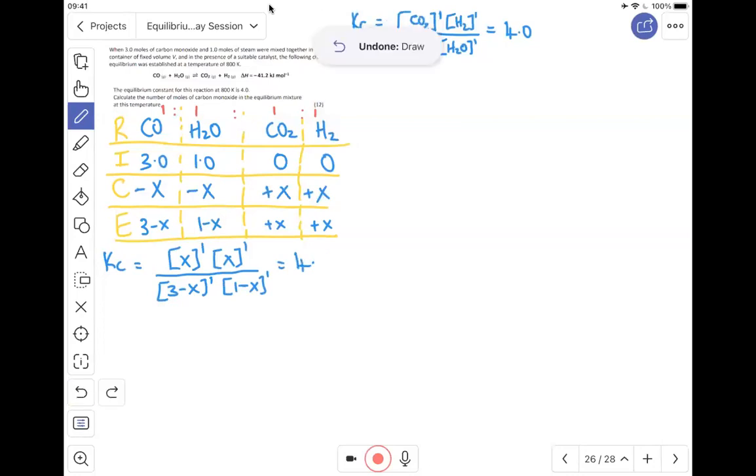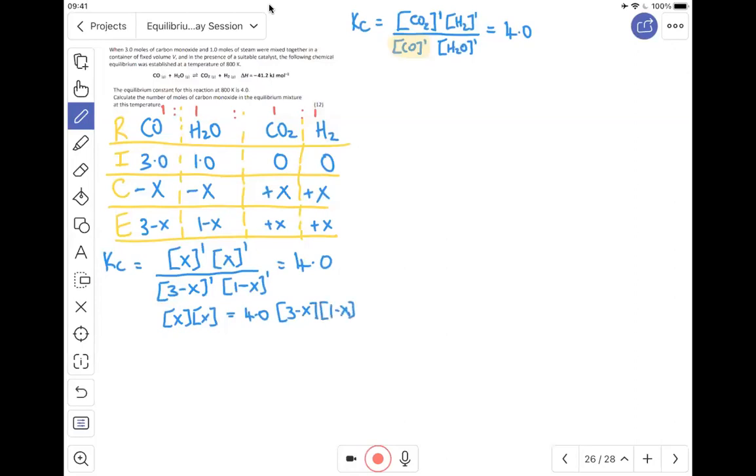Now, once you get to this point, I would recommend that you do a cross multiplication, or multiply both sides by the denominator to get rid of it. So this Kc expression would become X by X equals 4.0 by (3 minus X) by (1 minus X).